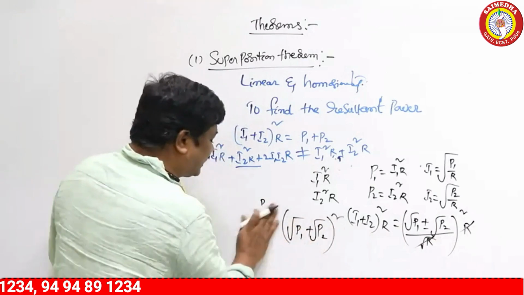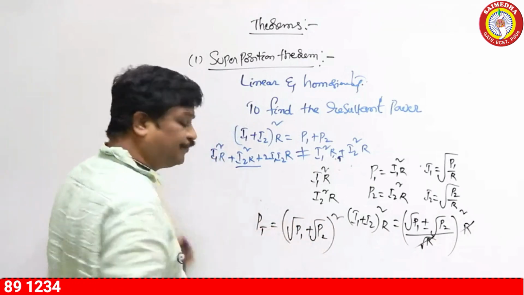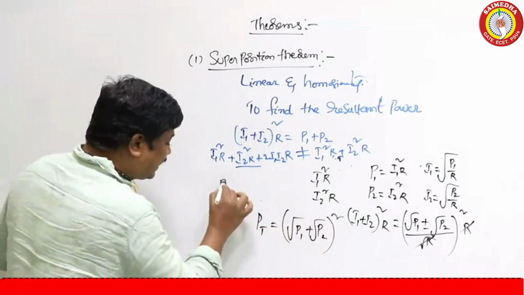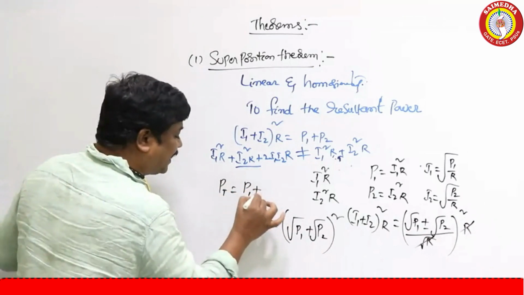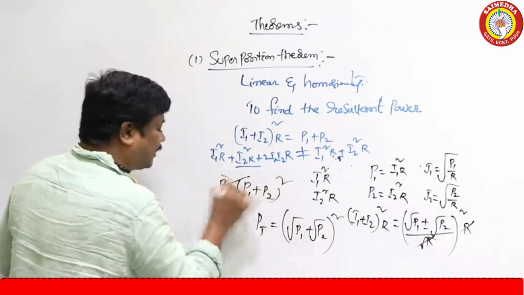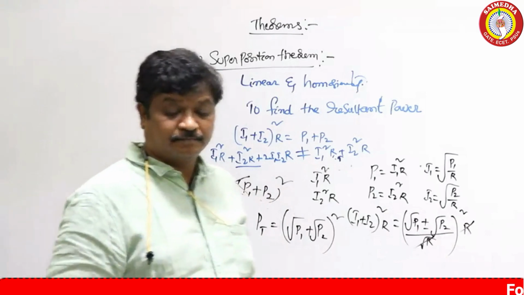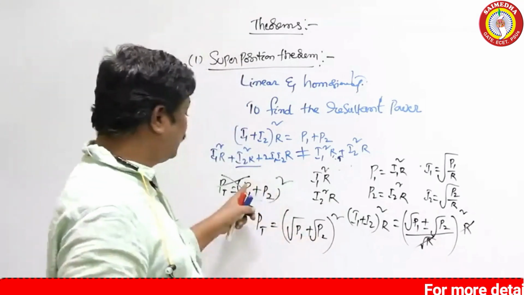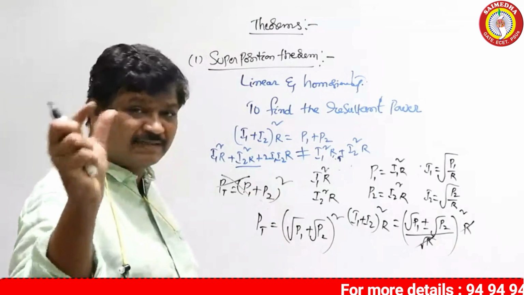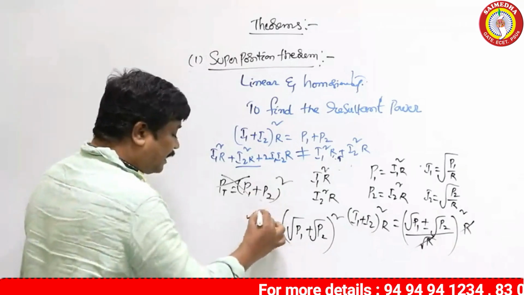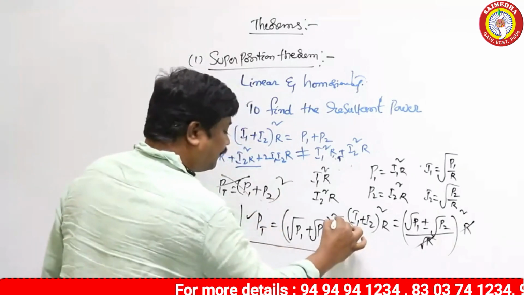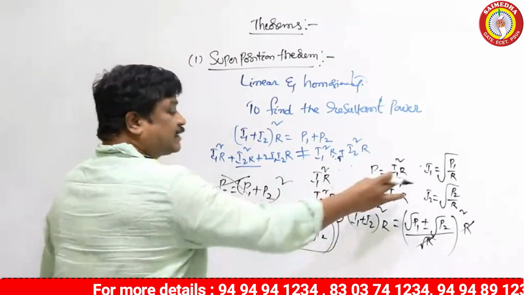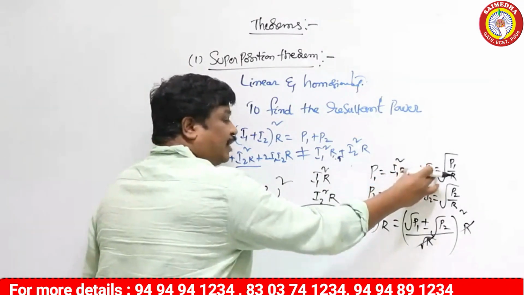This is the resultant total power PT. You cannot write the resultant power PT is equal to (P1 plus P2) whole square. This is wrong. Whenever the powers are available separately, the resultant power can be obtained by using this formula. This is the most important concept.